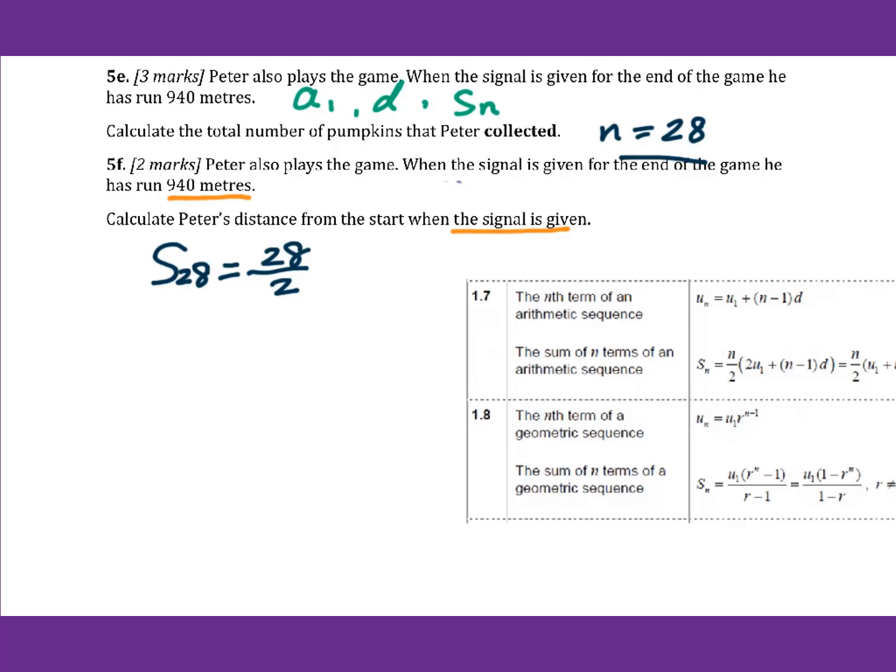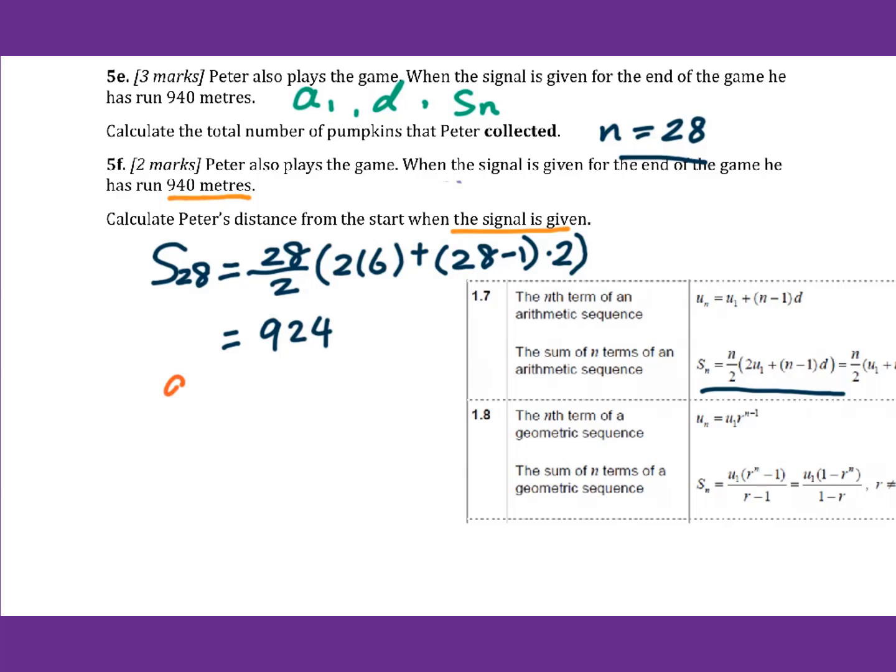Every single n in this formula we change into 28. 2 times 6 plus 28 minus 1 times 2. You will get 924. Since Peter already ran 940, minus 924, you will get 16 meters from the start.